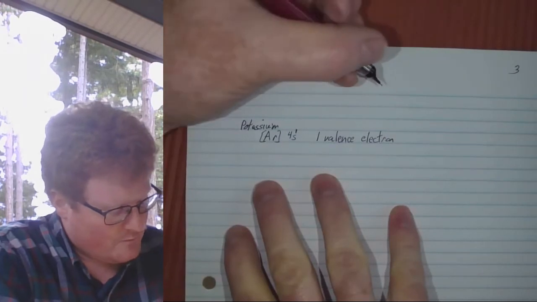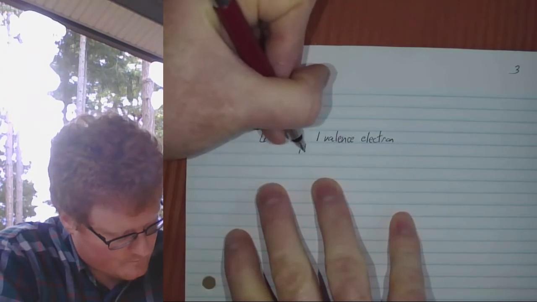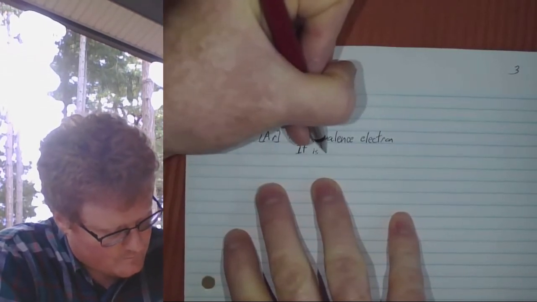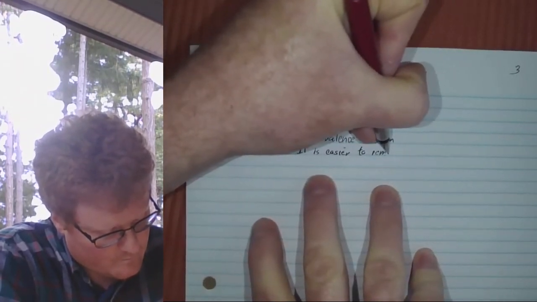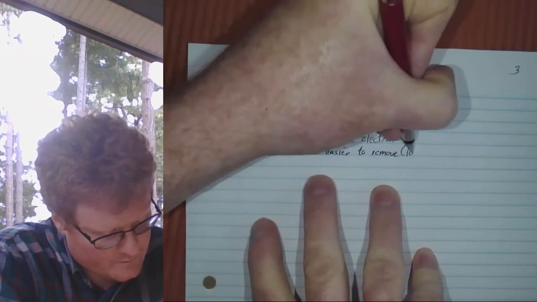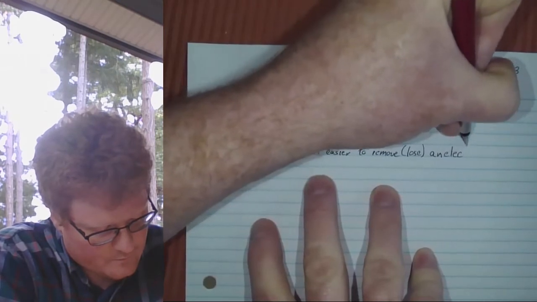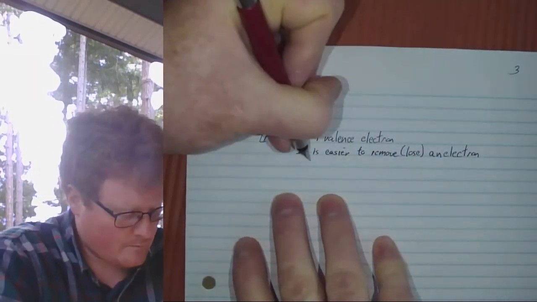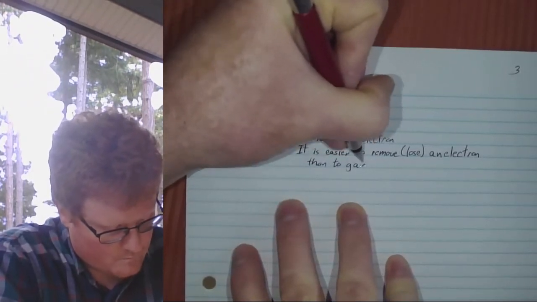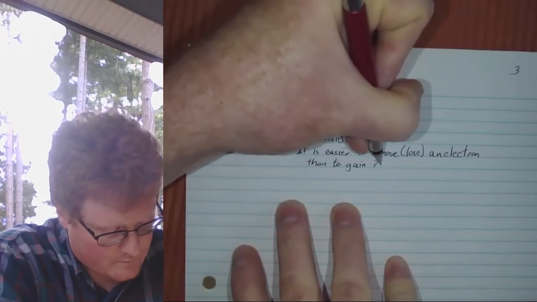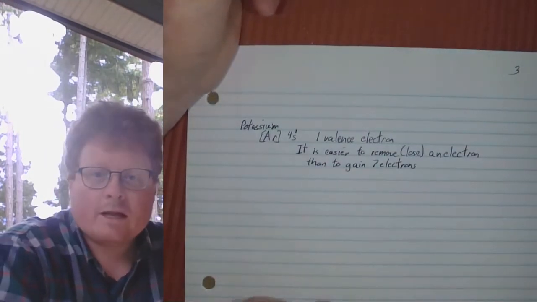So for potassium, it is easier to remove or lose an electron than to gain 7 electrons. What happens if it loses an electron?